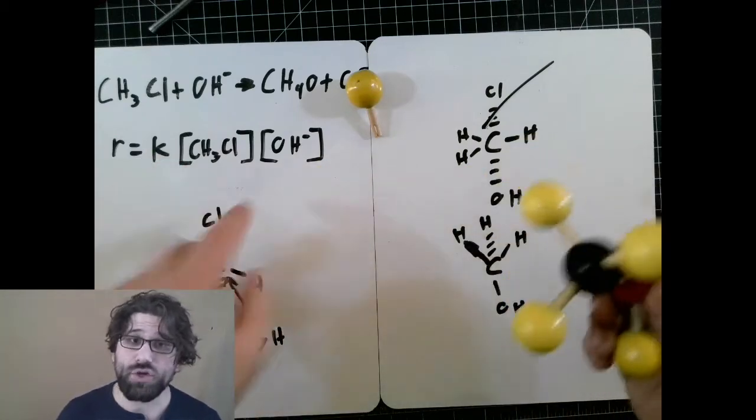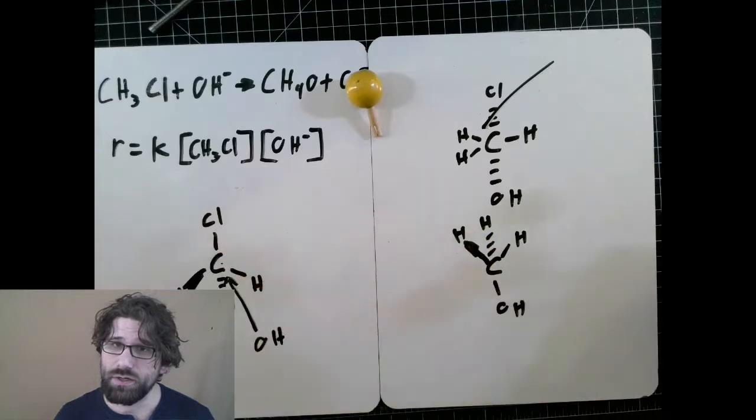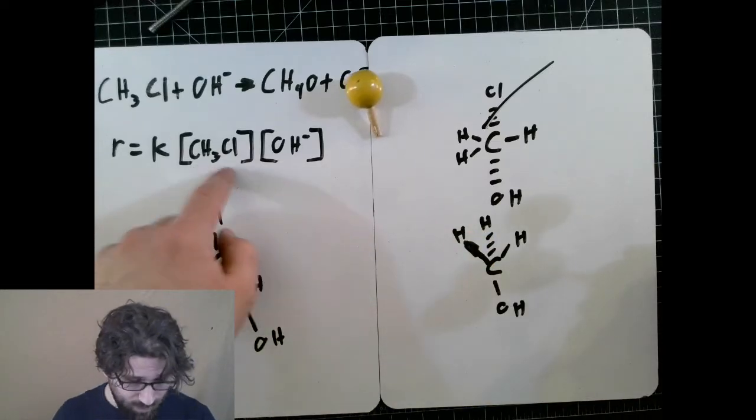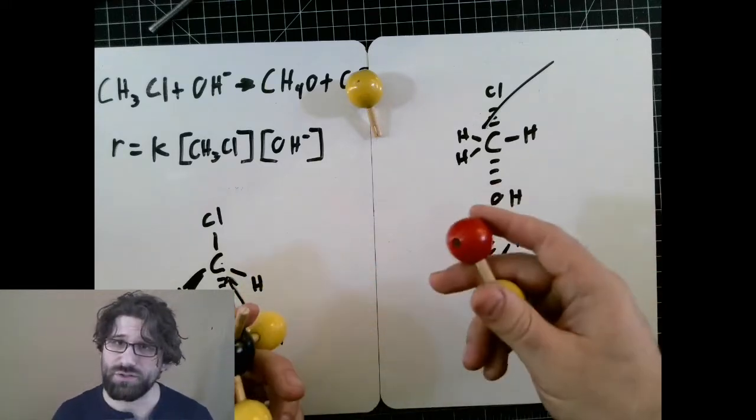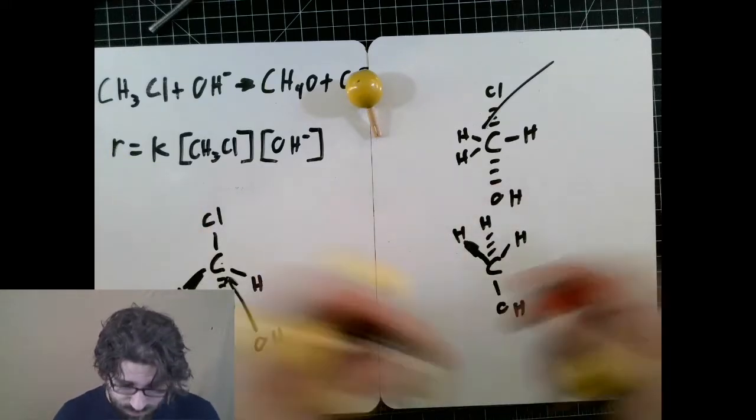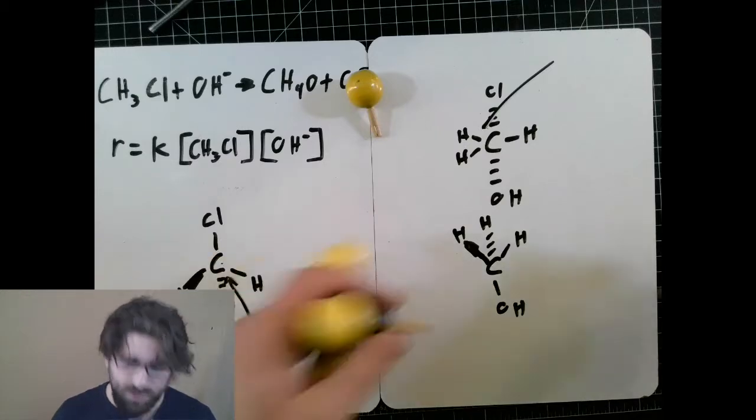So how could we increase the rate of this reaction? Well, it'd be very easy. We would just increase the concentration of our CH3Cl, or we could just increase the concentration of hydroxides. So if we were in a solution of water, something we could add is sodium hydroxide.